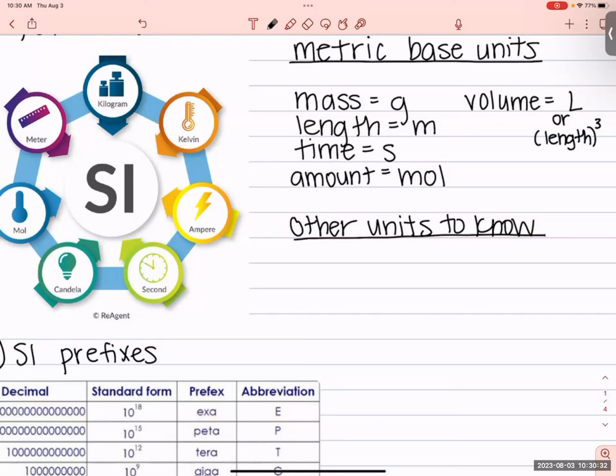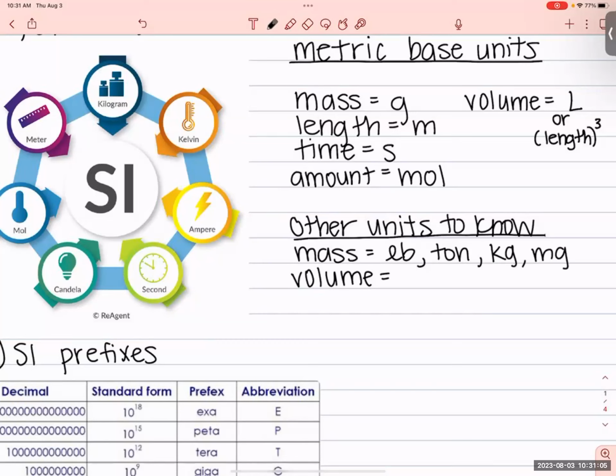Other units to know would be some more mass units: pound, ton. And then any iteration of gram: kilogram, microgram, milligram, those are all mass units. Volume units can be any liter-based unit.